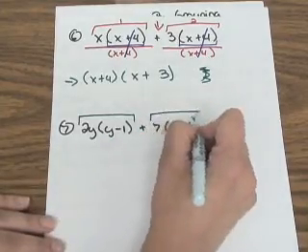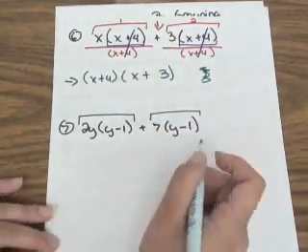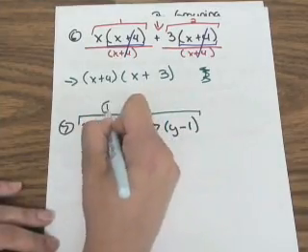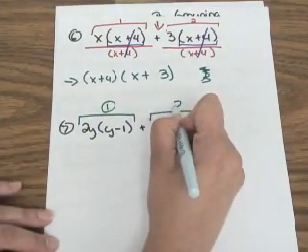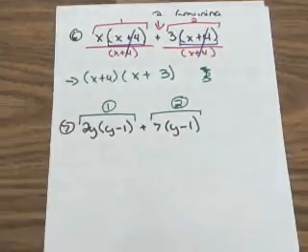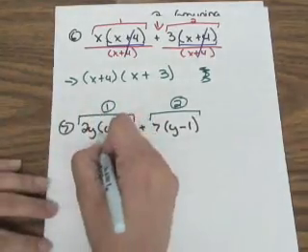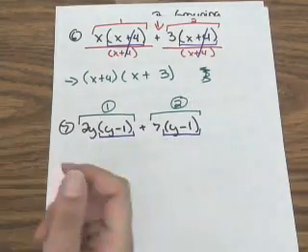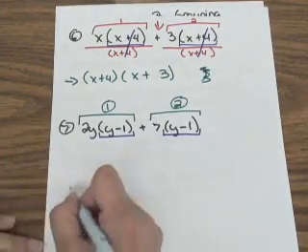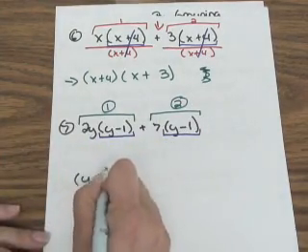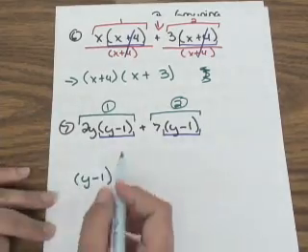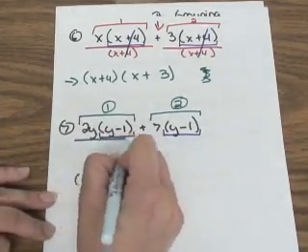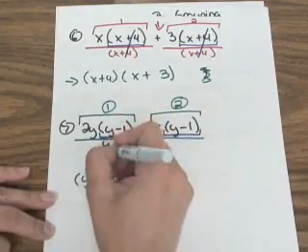So the y minus 1 becomes your greatest common factor, and you want to pull that out. Now, since that is your greatest common factor, what you're really doing is dividing by y minus 1. So again, just like in the previous problem, the binomials cancel and you're left with 2y plus 7, which gives us y minus 1 times 2y plus 7, and this would be my final answer.